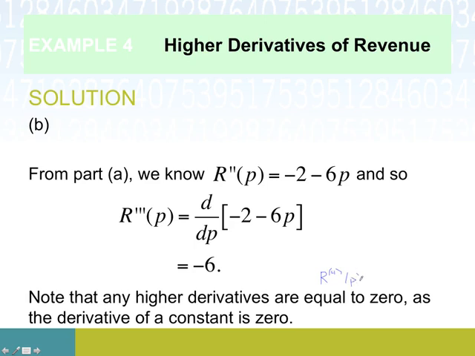That's just because we started with a constant here, and the derivative of a constant is 0. Every other step along the way, you'd be starting with 0 and taking its derivative, which just gives you 0 all the way down the line. So even though they didn't ask us for the fourth, fifth, sixth, and so on, we could figure out immediately that they are 0 for this revenue function.